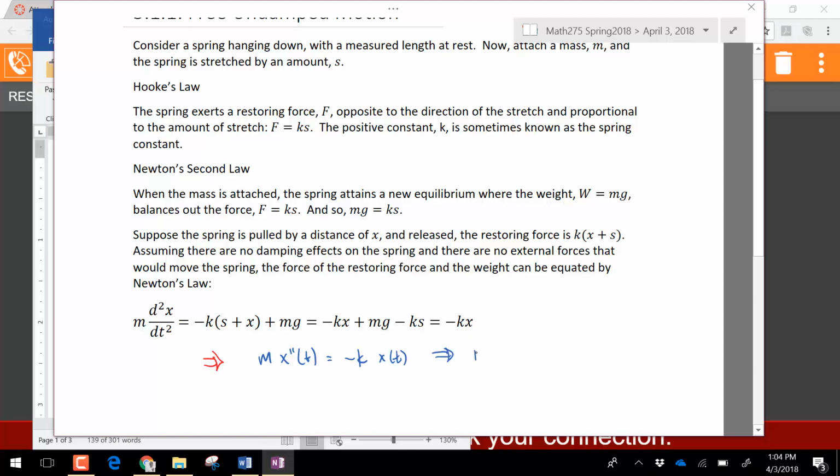And then we have, let's just say, m x double prime plus kx equals 0.